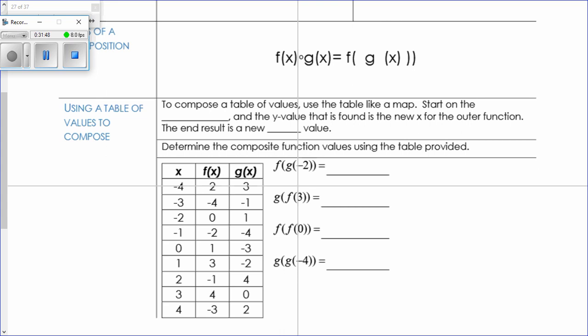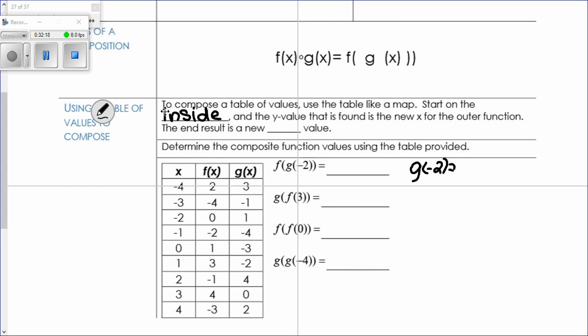All right. So to compose a table of values, use the table like a map. You start on the inside. What's inside of f? The next value, g of negative 2. We're going to start on the inside and find g of negative 2 first.